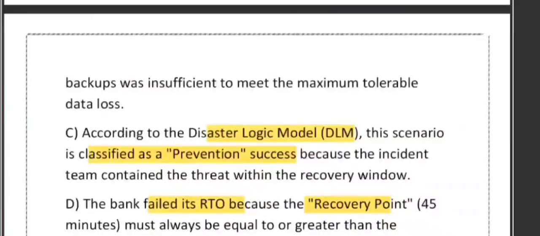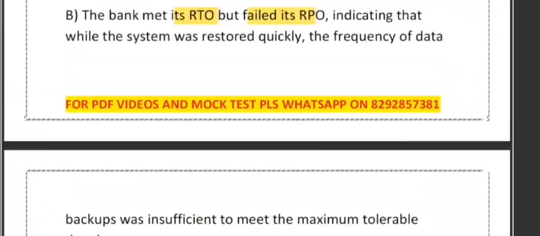It says that according to DLM, this scenario is classified as a prevention success. Actually, there is no such rule. What about D? The bank failed at RTO because the recovery point must be equal or greater. There are no rules like that. They are completely independent. There is no rule that RPO should be larger than RTO. The correct answer to this question is option B.